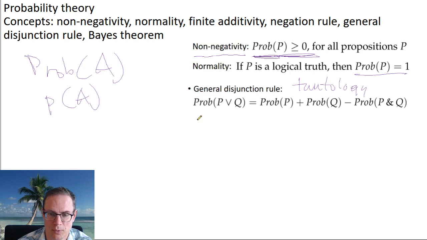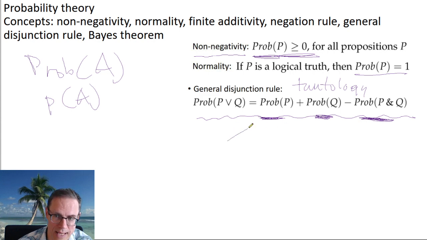And one of the most important rules when thinking about probability is the probability of P or Q is the probability of P plus that of Q minus that of P and Q. Okay, and you'll see this rule in action in just a moment, and you'll see why this is the way it is. Because when you see it in working, it is very intuitive.